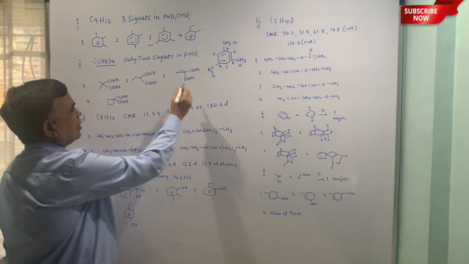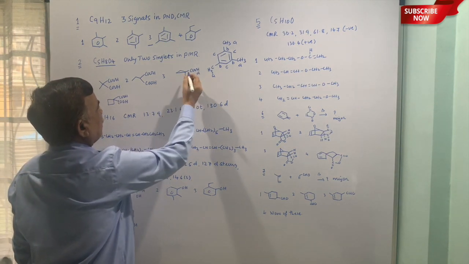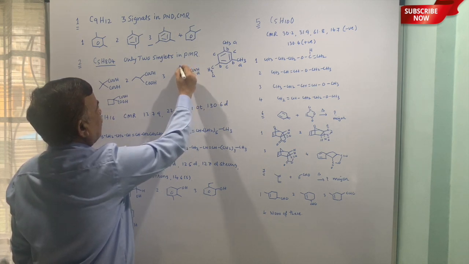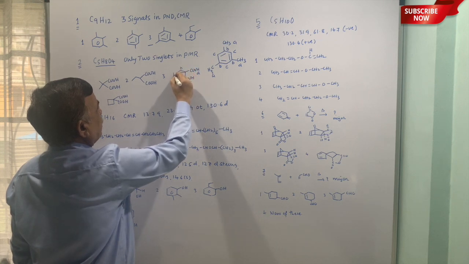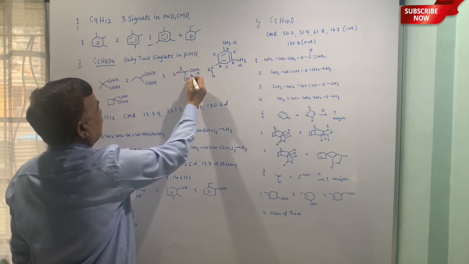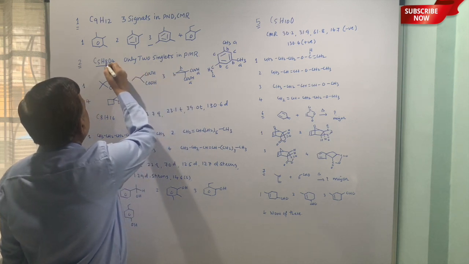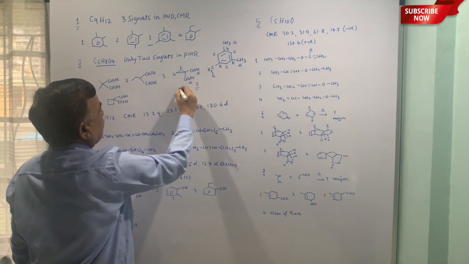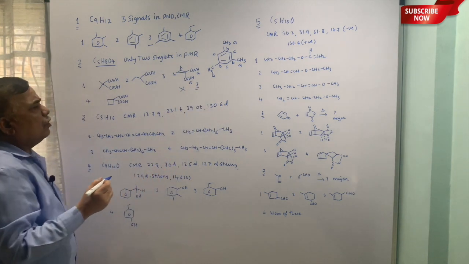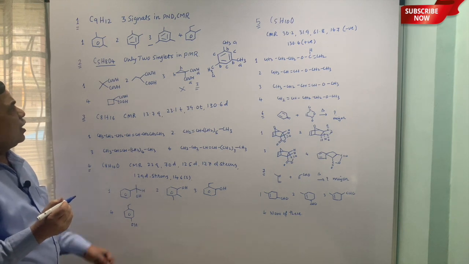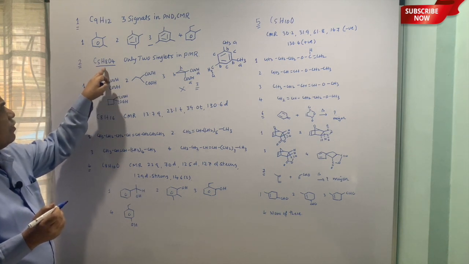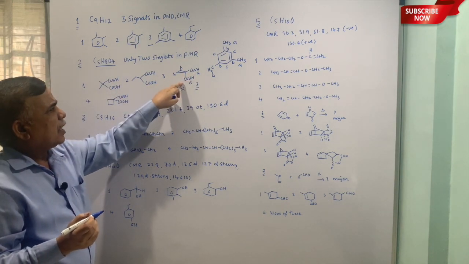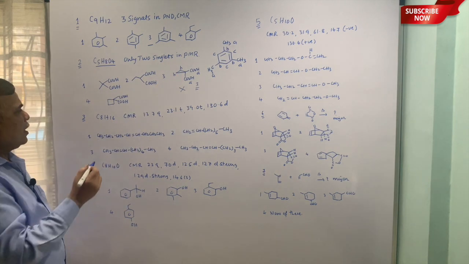So if you look at this, this will be A and this will be B, but if you look at the sites of unsaturation, here sites of unsaturation are 2, here it is 3 sites. So this is wrong, although it looks okay, but C5H12 minus C5H8, 2 sites of unsaturation, 2 are because of these 2 carboxylic acid groups and third is because of the ring. So that's why it is wrong.